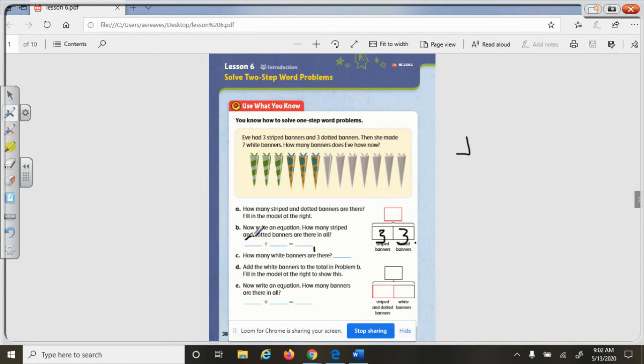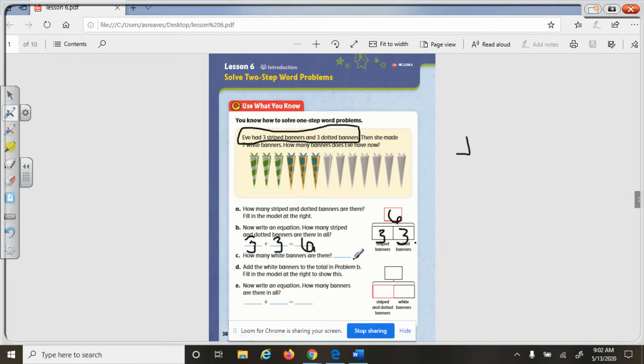So if I have 3 dotted banners and 3 striped banners, that gives me 6 banners altogether. So that is step 1. Step 1 of the problem is figuring out how many striped banners and how many dotted banners.